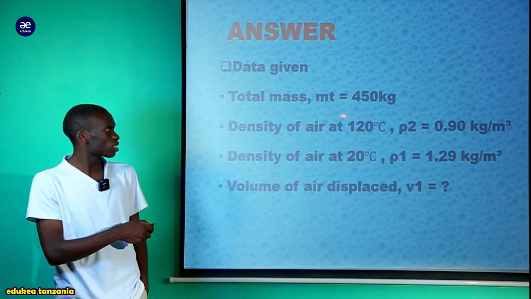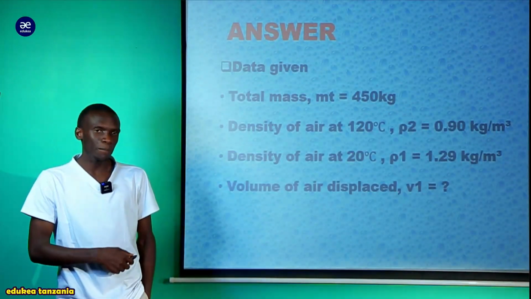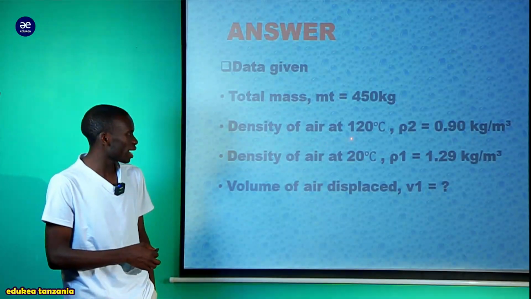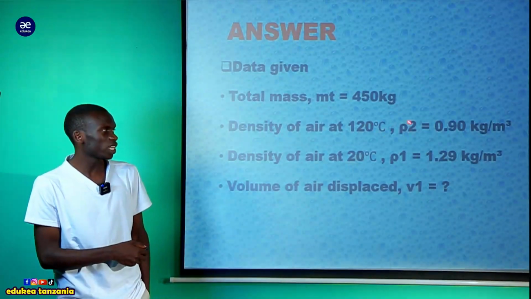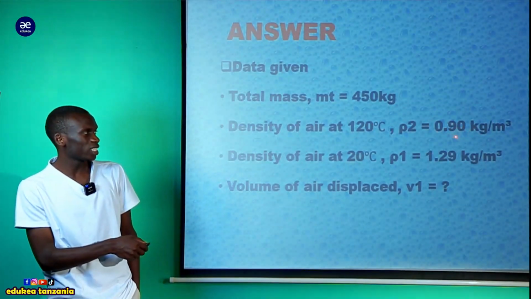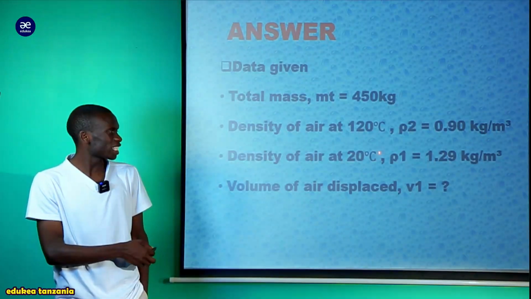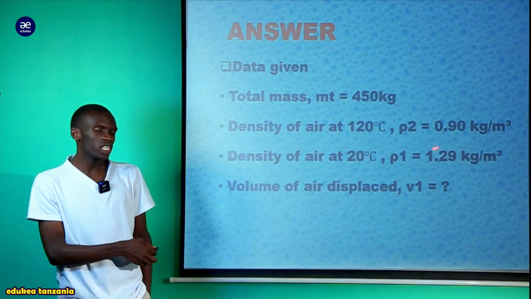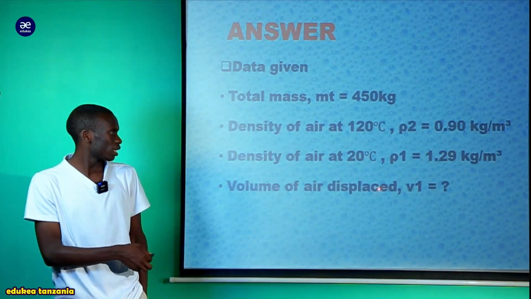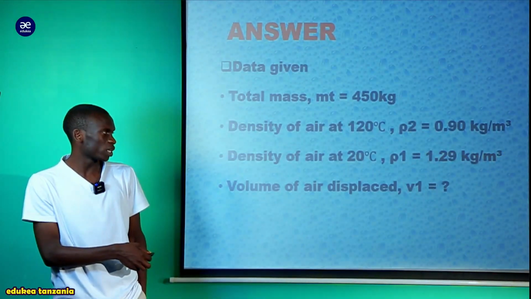We have been given the total mass, which is equal to 450 kg. We have been given the density of air at 120 degrees centigrade, the inside air, equal to 0.90 kg per meter cubic. And we have been given the density of air at 20 degrees centigrade, the density of outside air, equal to 1.29 kg per meter cubic.